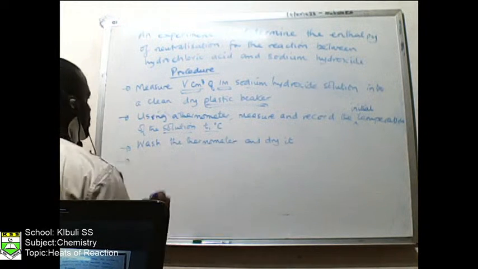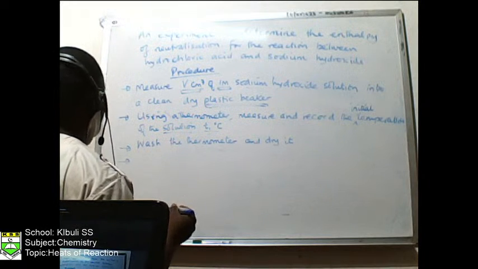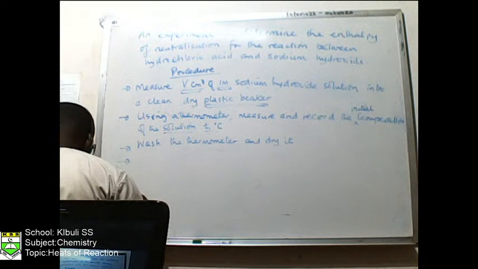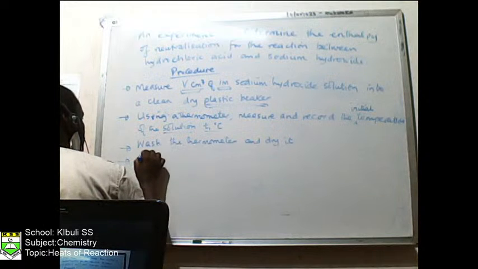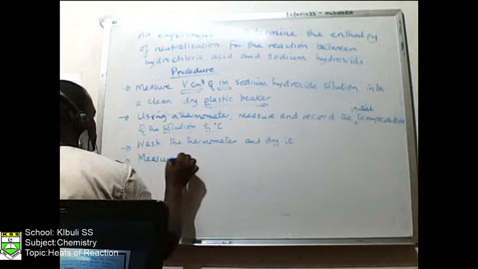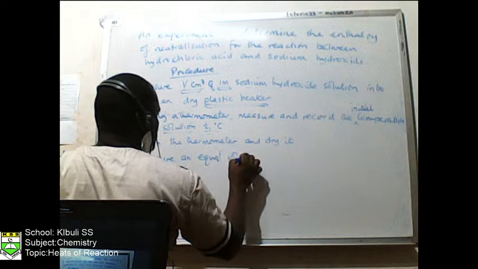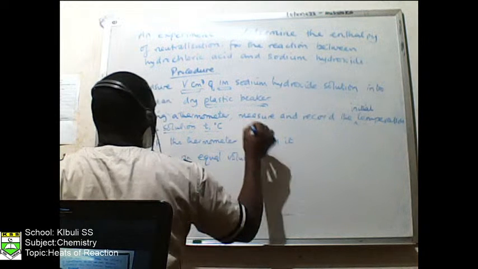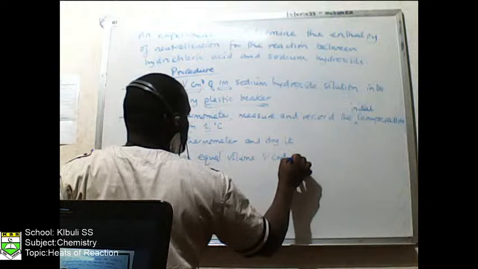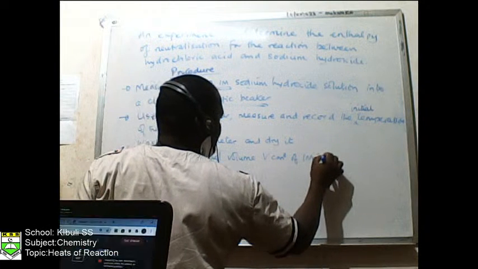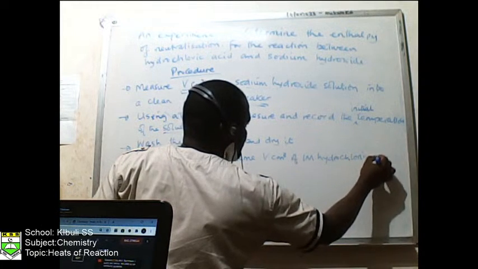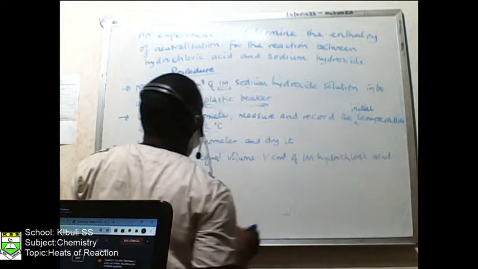So after washing and drying the thermometer, then we measure an equal volume, V cubic centimeters, of 1 molar hydrochloric acid.